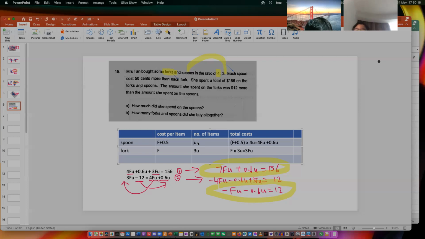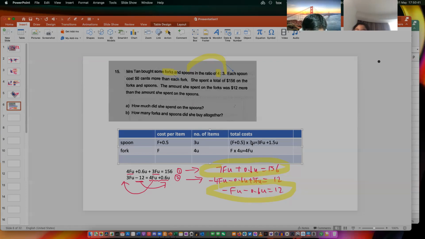But the approach is correct. So must read the question carefully next time. So this is 4, and then of course, this is 3. So remember, read the question carefully, but the approach is correct.